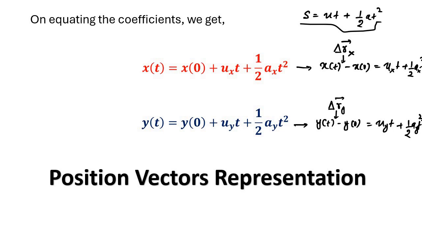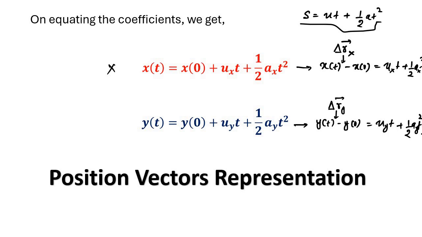So this is for the x side, uxt plus 1 half axt square. The essence of the equation is the same, ut plus half at square. The format of the equation is the same, we are just replacing the initial velocity and the acceleration with the respective x and y components. ux, ax here, uy, ay.